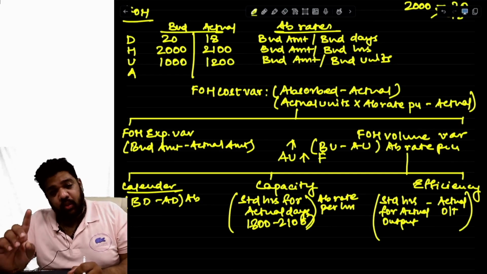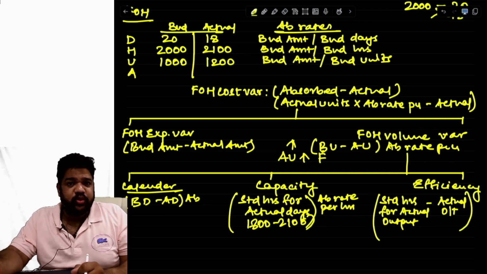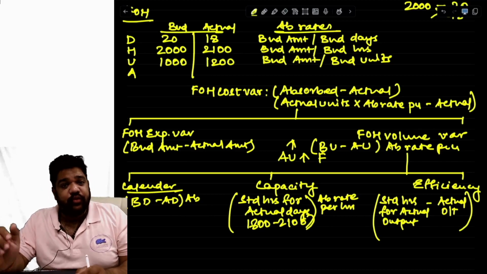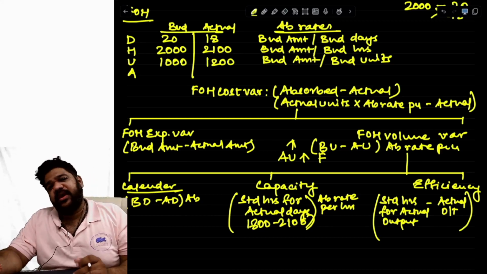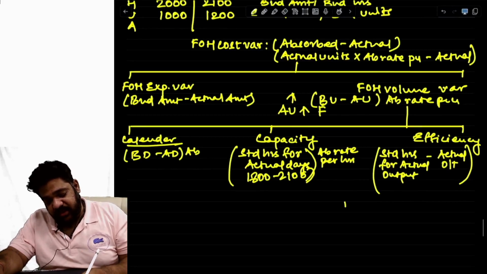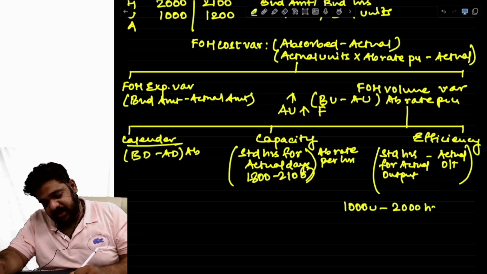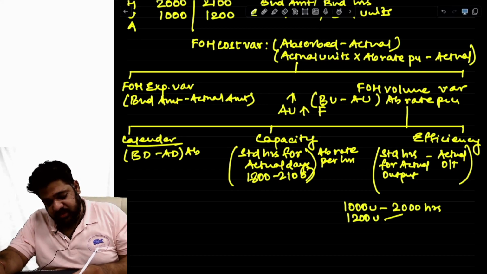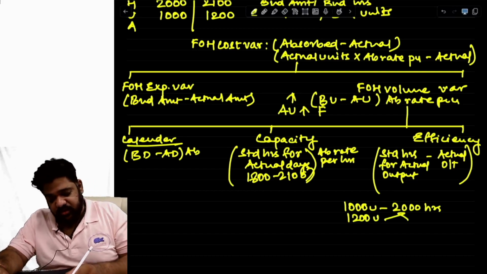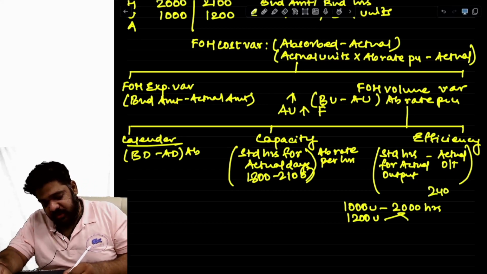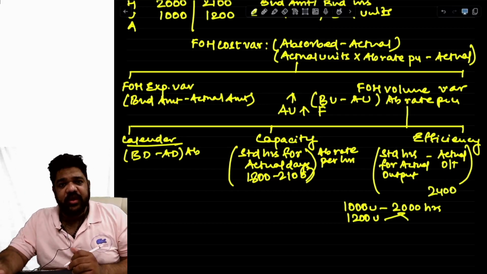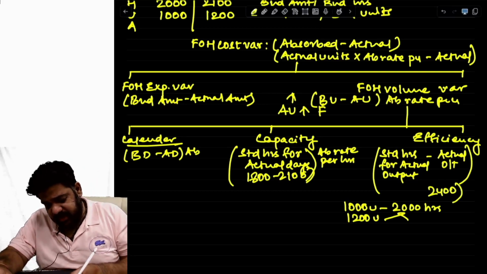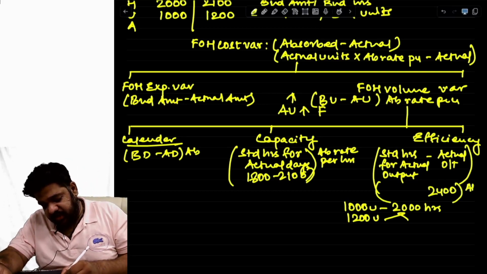For 1000 units, you were supposed to take 2000 hours. So for 1200 units, how many hours? Here it comes to 2400. You were supposed to take 2400 hours. Again, you will multiply with the absorption rate per hour.